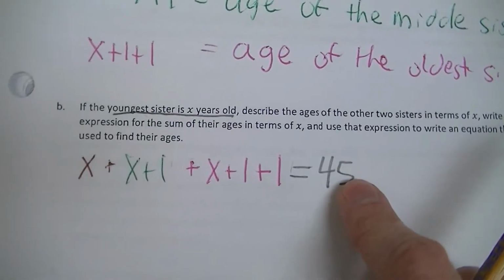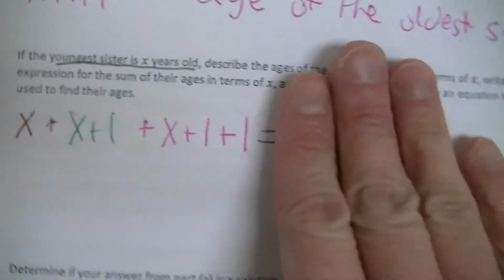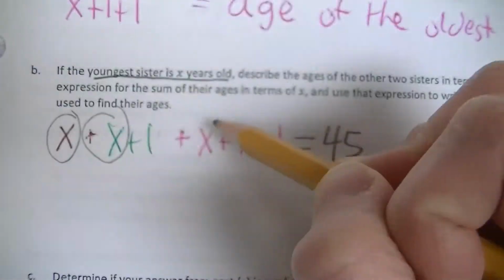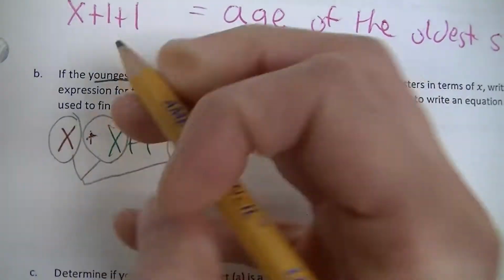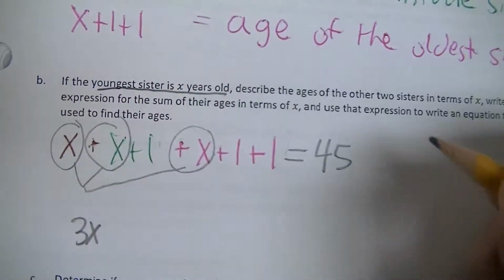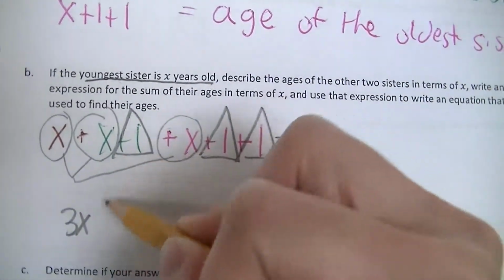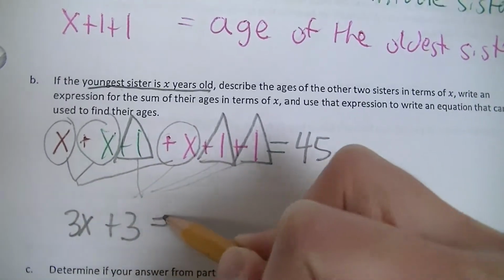We can't build it yet because we have to combine like terms on the same side of the equal sign. I'm seeing there's x plus x plus x, which equals 3x. Then I see some constants here of positive 1 plus 1 plus 1, and that equals positive 3.